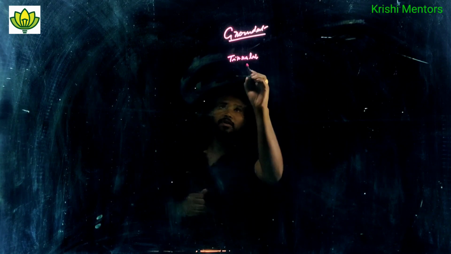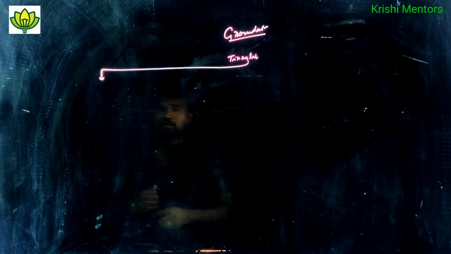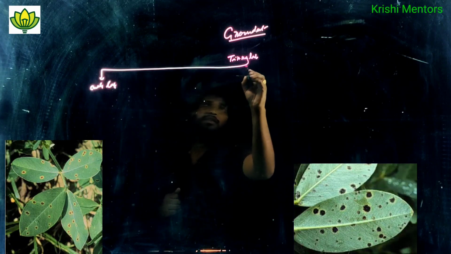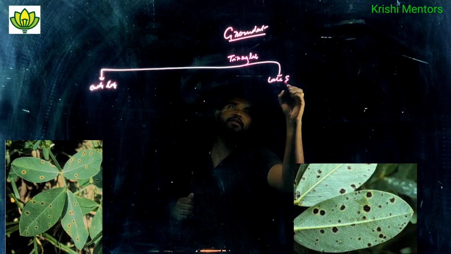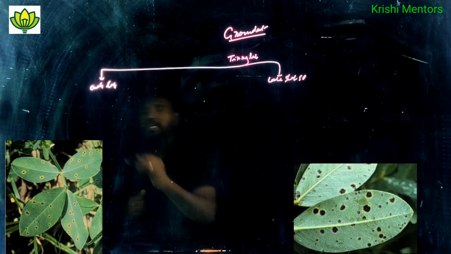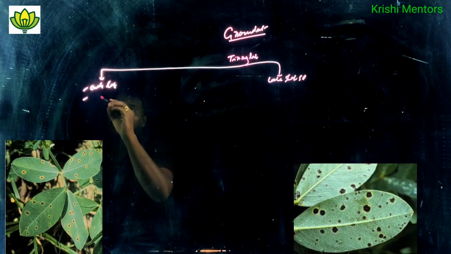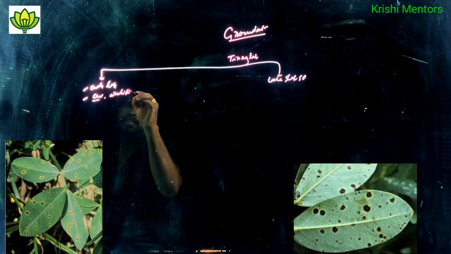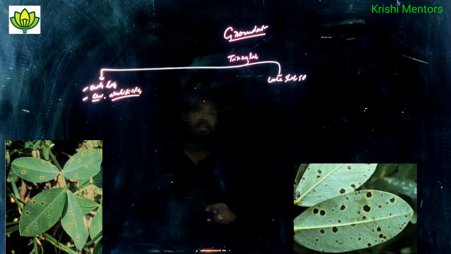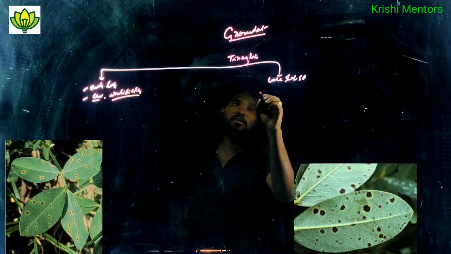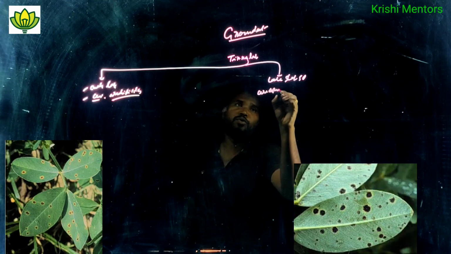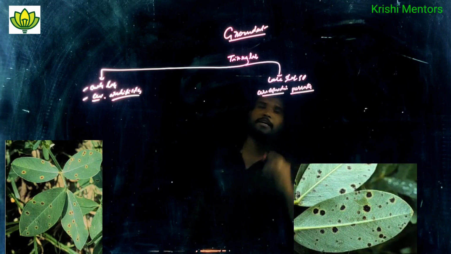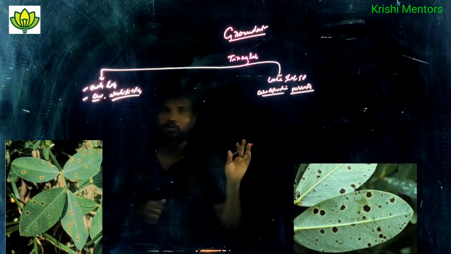Tikka leaf spot. I told you earlier that there are two types: early leaf spot and late leaf spot. Early leaf spot is caused by Cercospora arachidicola. Late leaf spot is caused by Cercosporidium personata.